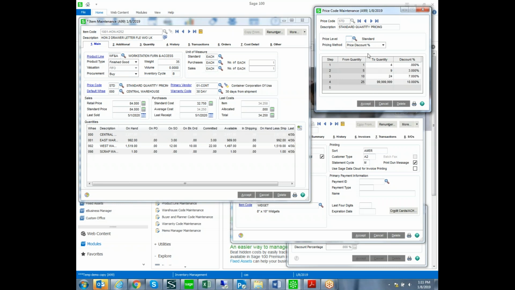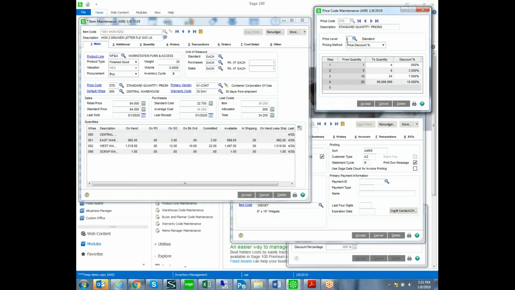The price discount is applied to the standard price. So for this particular item that we're looking at, if a customer orders between 1 and 4, they get a 0% discount or the $84 standard price. If they order between 5 and 9, they get a 3% discount on that $84 standard price, and so forth.